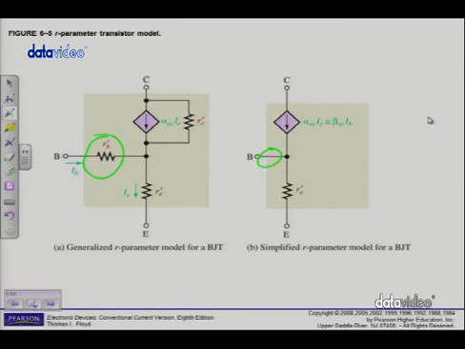The next sentence you can also mark. The AC collector resistance, r'c, is usually several hundred kilo ohms and can be replaced by an open. And we can see it here as well. In the simplified circuit, it's not there anymore, replaced by an open. Basically the same concept as we had in Electronics 1, where we discussed a diode.